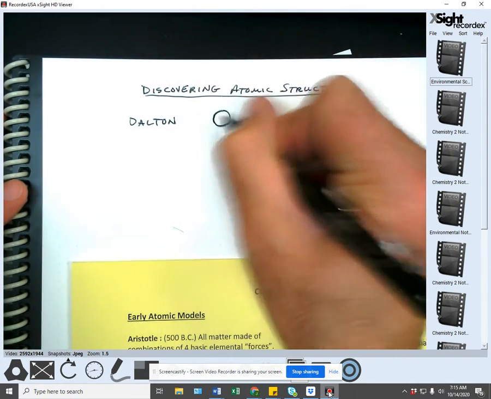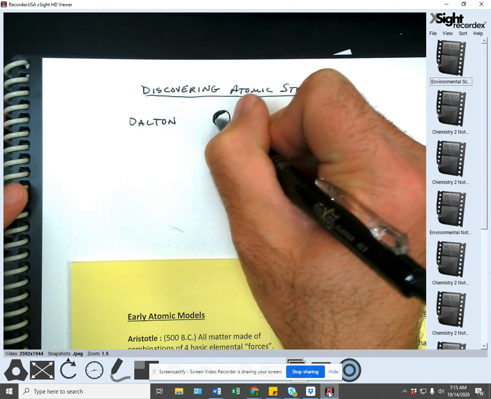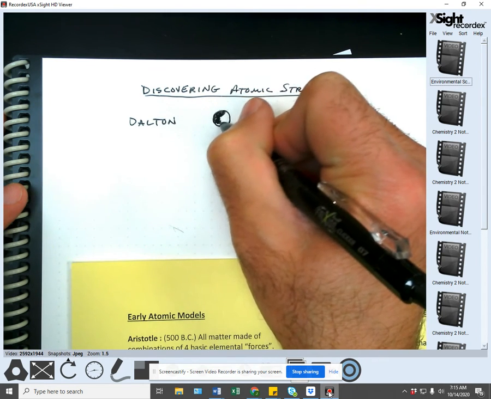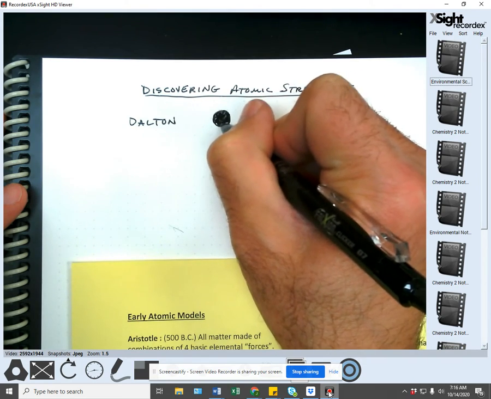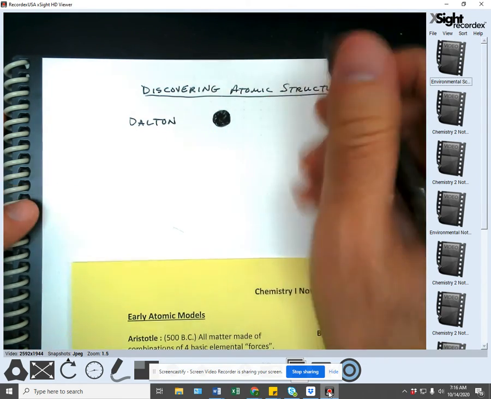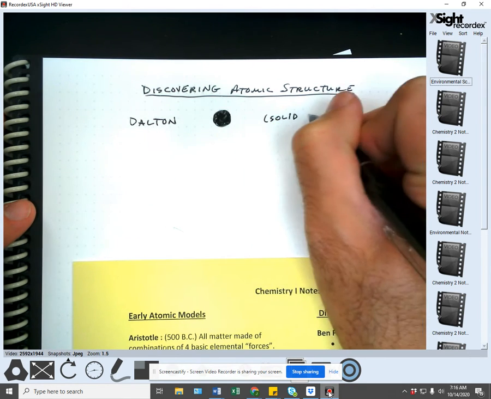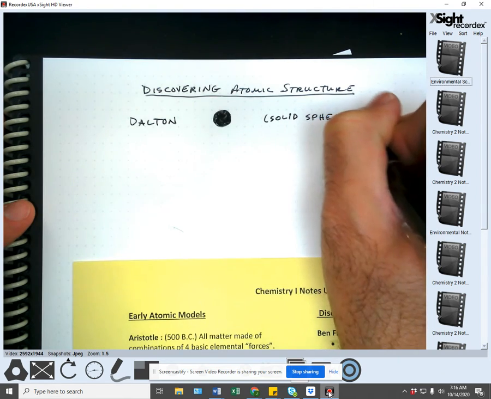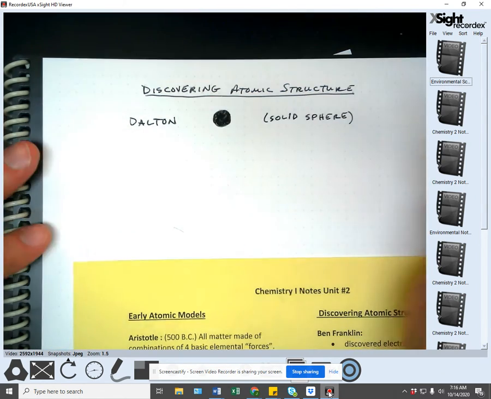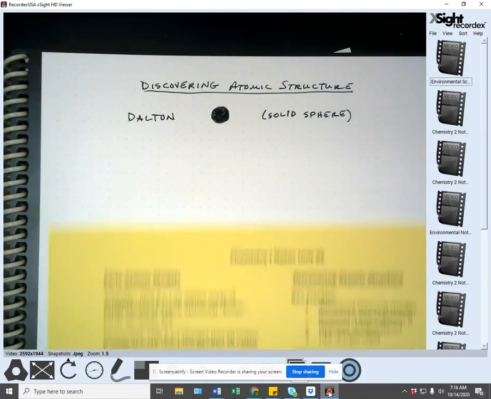It's solid, a solid, round sphere all the way through, that couldn't be broken up. All right, so that's where we are at this point.